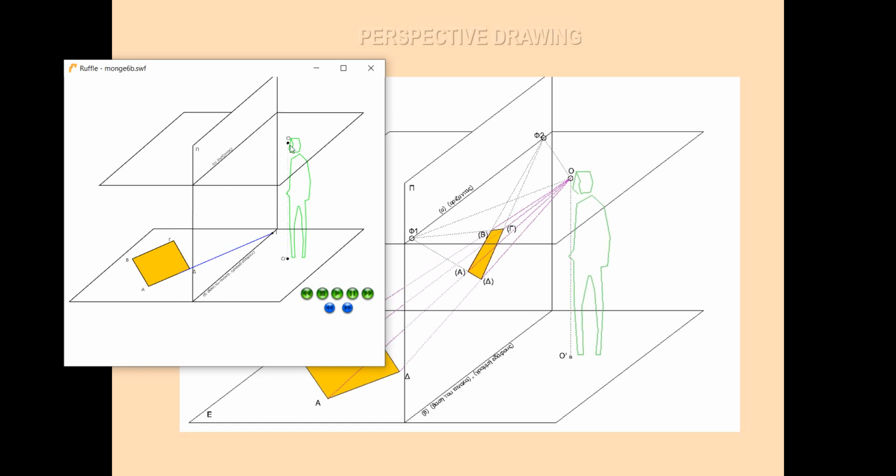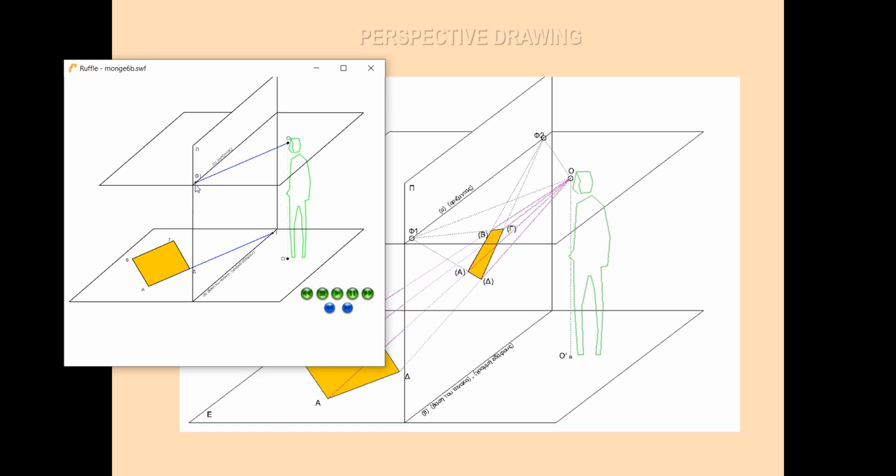Now we are going to join point O with the point of this side that is in infinite distance from the observer. That means that we're going to draw a parallel line to this one from point O. This parallel line intersects the perspective plane on the horizon at point Phi1.